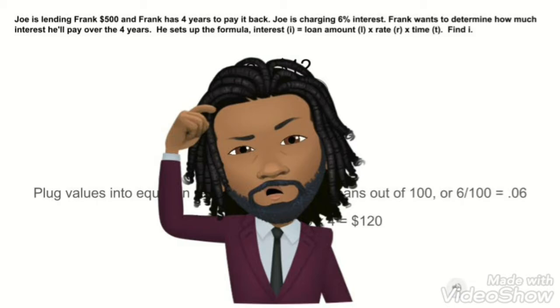So the interest is what we're looking for. The loan amount, which is L, is 500. The rate is 6%. And how do we write percent in decimal form? Yes, instead of 6%, it will be 0.06.